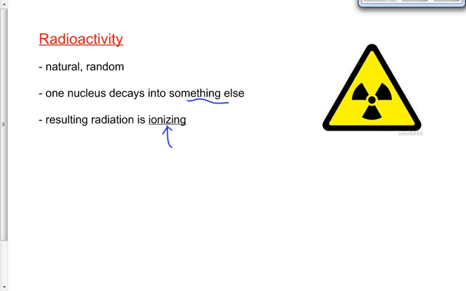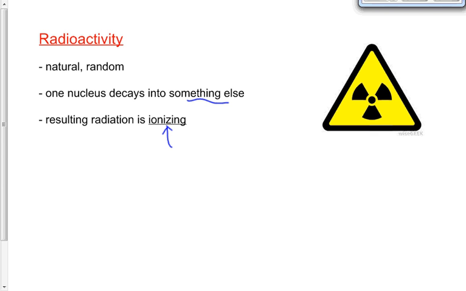Maybe we start puking. Maybe we start bleeding out of our eyes and ears and every other orifice of your body. Maybe we start getting cataracts. Maybe we develop cancer. Maybe we have acute organ failure. There's all kinds of things that can happen as a result of these chemical reactions. In the end, biology is really just chemical reactions, right? So when you get these funny chemical reactions happening, it changes our biology. And that's not usually a good thing, because the biology of our body is usually pretty finely tuned to be correct already.